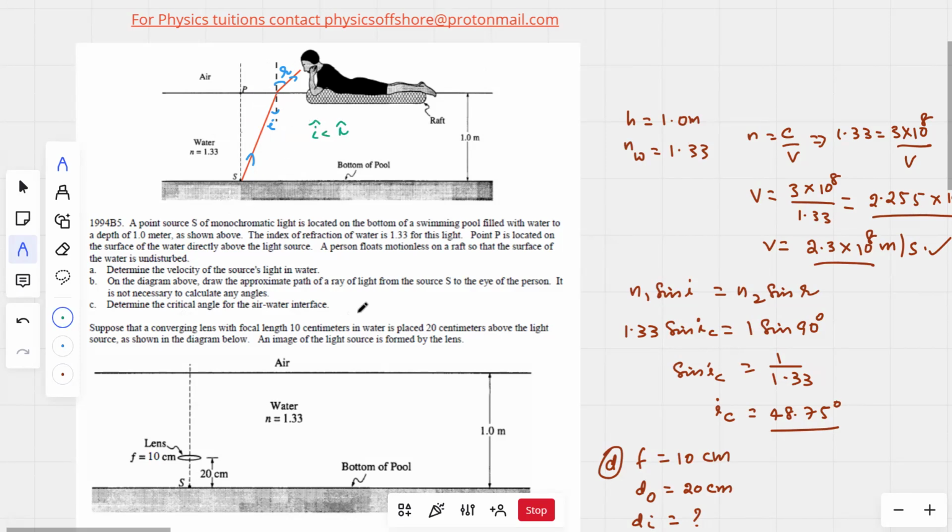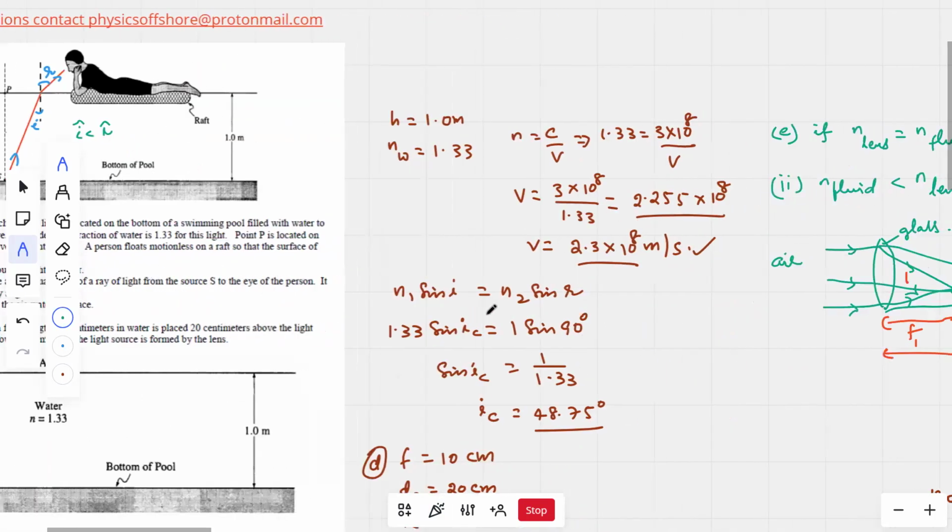Third bit, we have to find out the critical angle. To find out the critical angle of the air-water interface, we use Snell's law. N1 sin I is equal to N2 sin R. So here I is IC, the critical angle, because he is asking us to find out the critical angle. So when I is equal to IC, R is equal to 90 degrees, am I right?